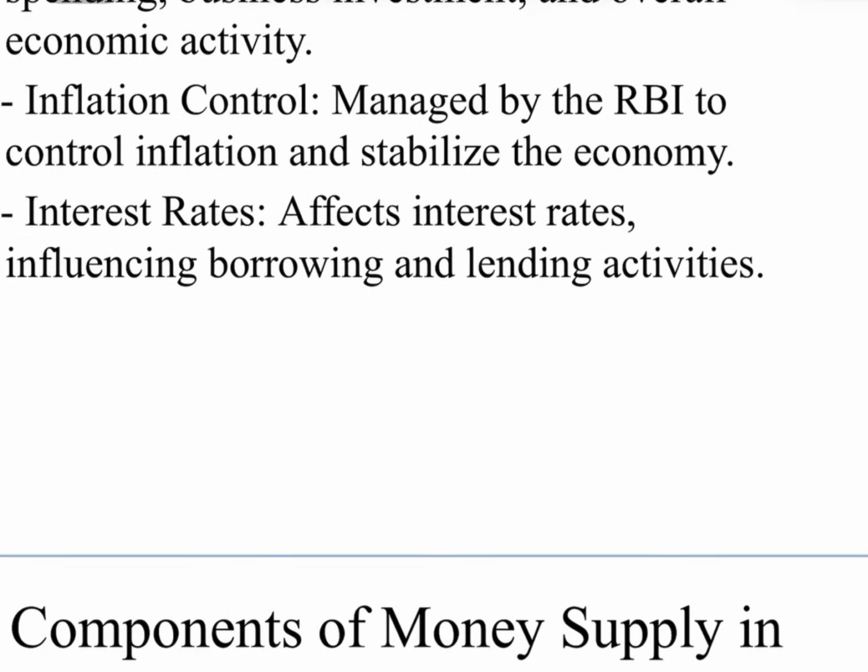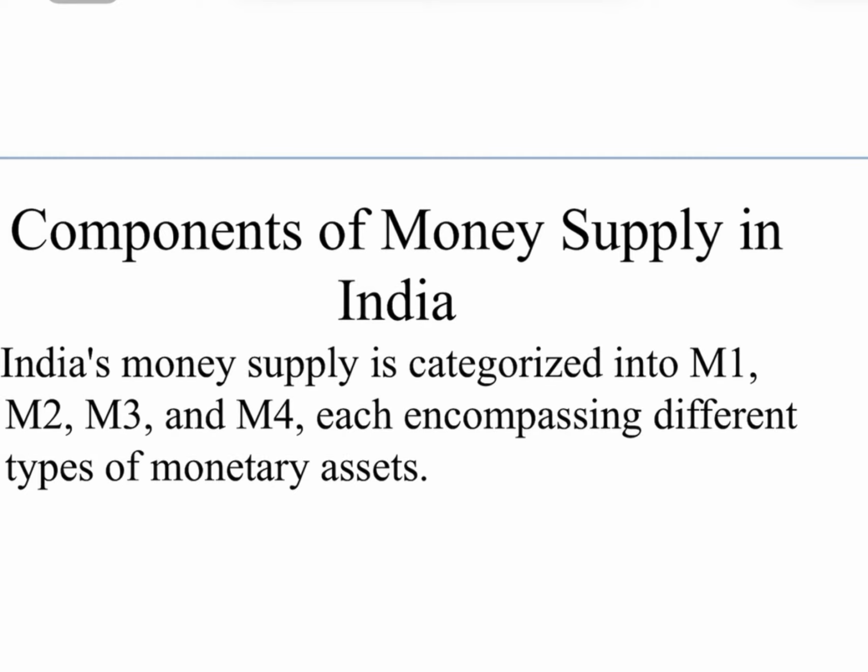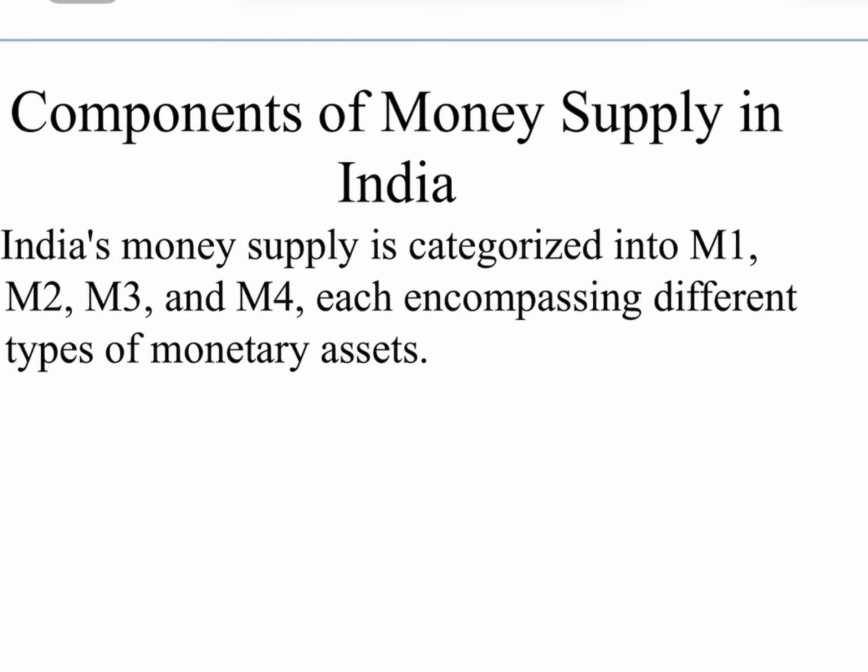Now to the components of the money supply in India. Basically, there are M1, M2, M3, M4, and then there's M0, that is the high powered money or the base money, as we can call it.